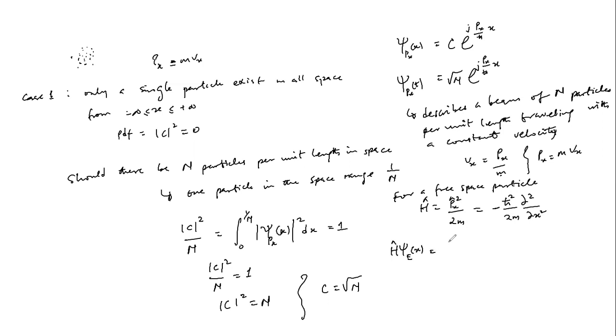psi of x, therefore, minus h cross squared over 2m d squared by dx squared, which is the same as energy times psi.